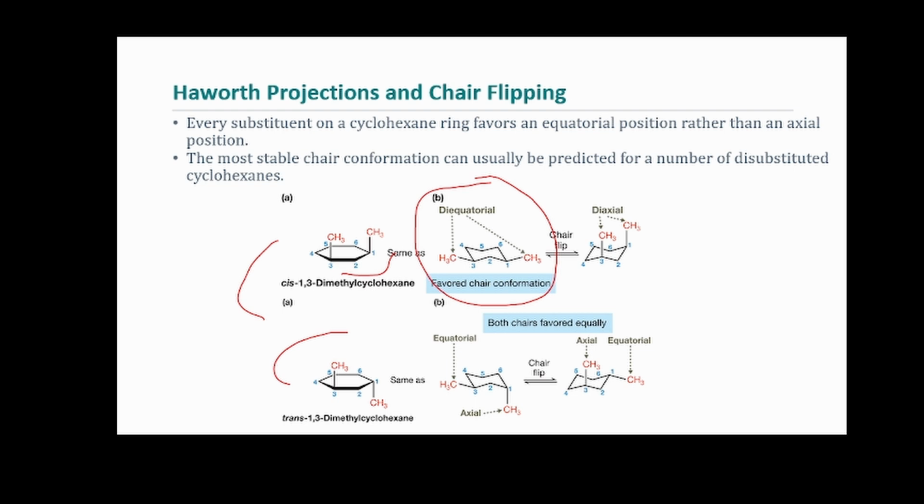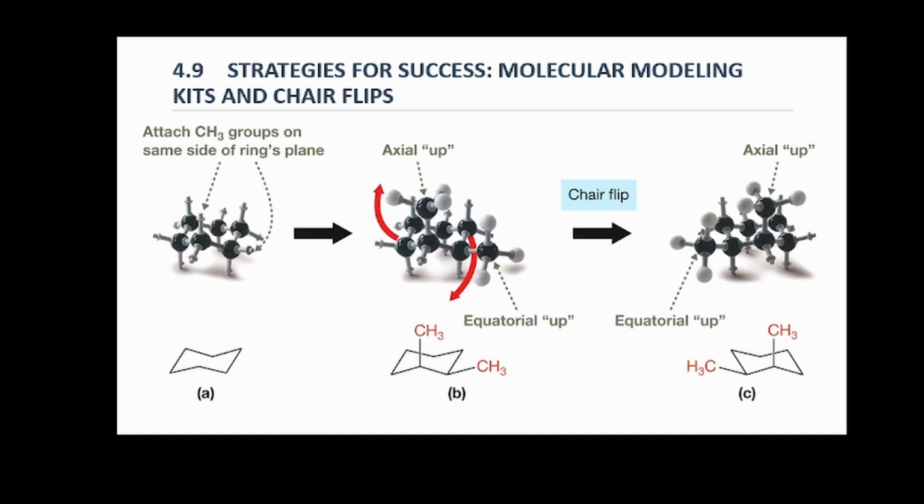That means there's not one that's more favorable than the other, at least not when they're the same substituent, because no matter what you do, one's an equatorial and one's an axial. And so these end up being equally favorable. It doesn't really matter in this case. They're degenerate. They have the same energies.